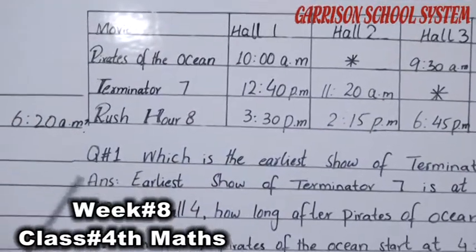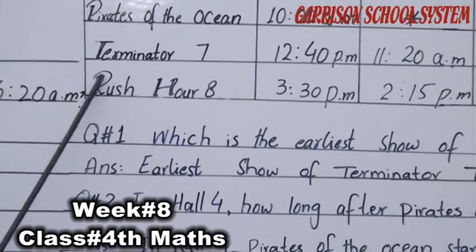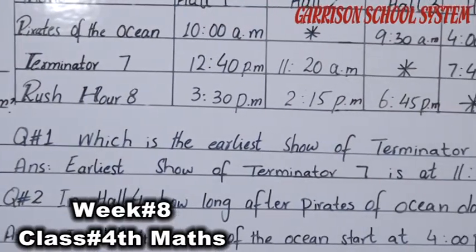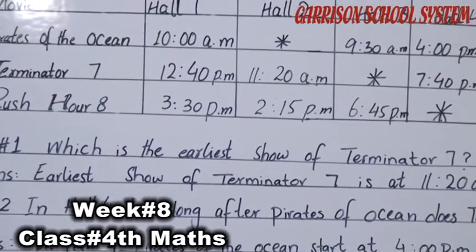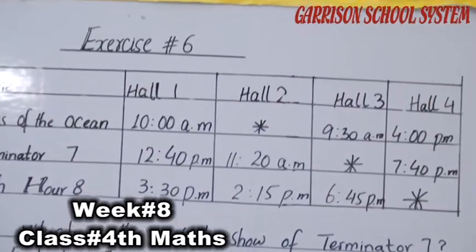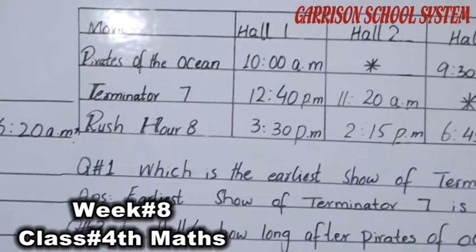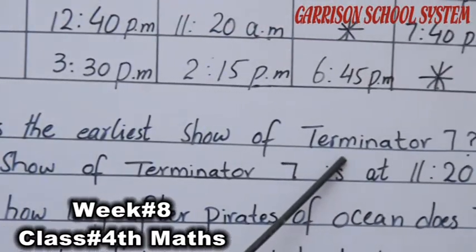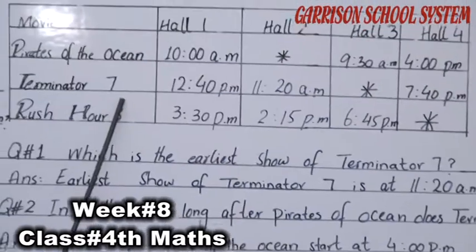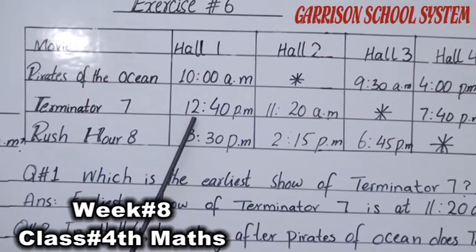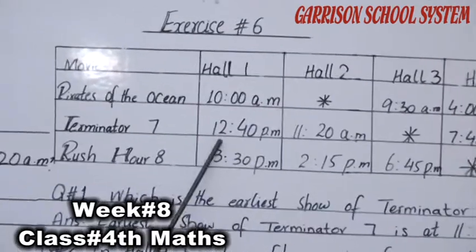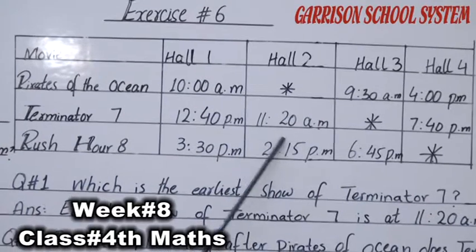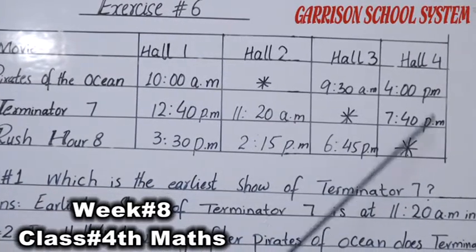So here are some questions. Look at this table and answer the following questions. I will write 3 questions. Question number 1: Which is the earliest show of Terminator 7? Here is Terminator 7. The time in hall 1 is 12:40 pm, here 11:20 am, and here 7:40 pm.